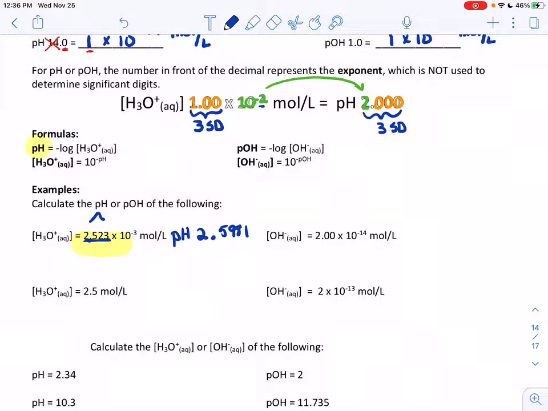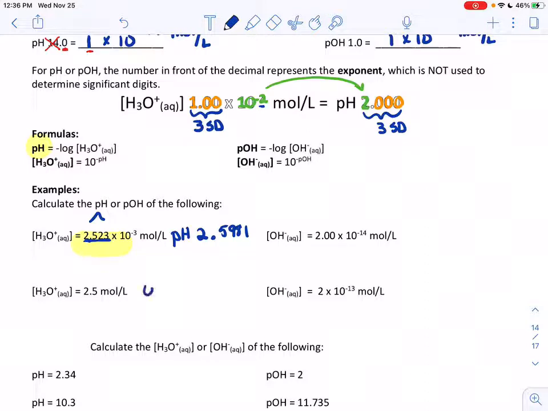Right? Our next one is a hydronium ion concentration of 2.5 moles per liter. So again, negative log, okay, beside the 7. And then I'm just going to type in the 2.5. Now, are you seeing a negative number there? Yes, pHs can be negative.